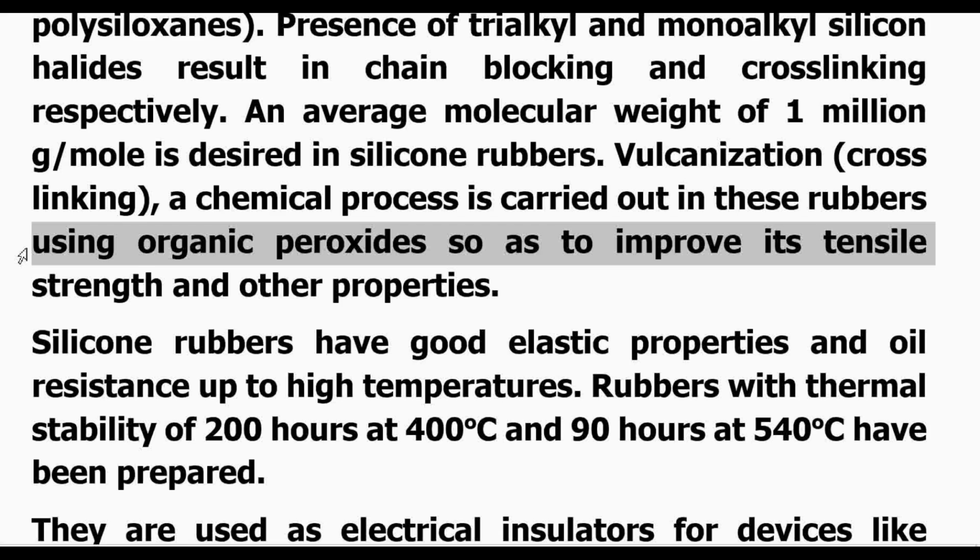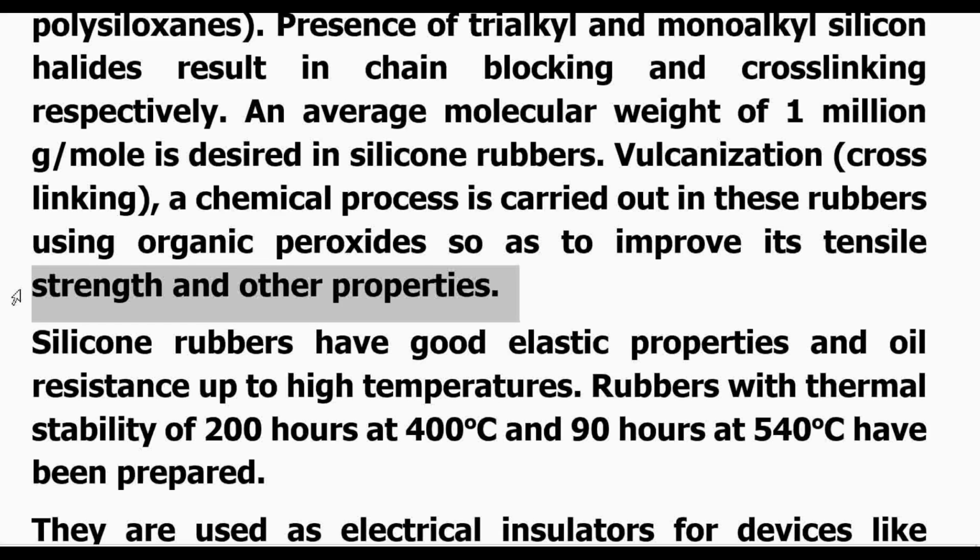Say you have a CH3 group and you have used organic peroxide, then the CH3 group will be converted into a CH3 radical, and therefore it can induce cross-linking in the polymers, and this cross-linking will result in the improvement of the tensile strength and other properties of the rubber. Tensile strength is the strength towards tension given to the rubber.